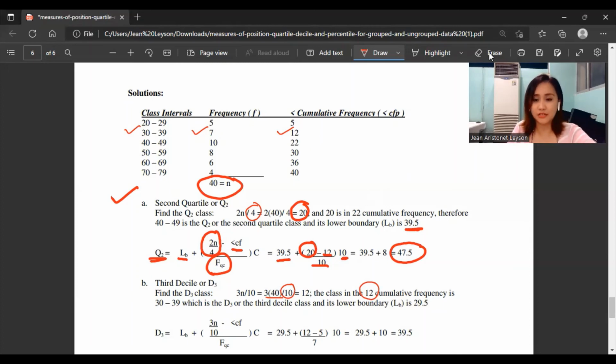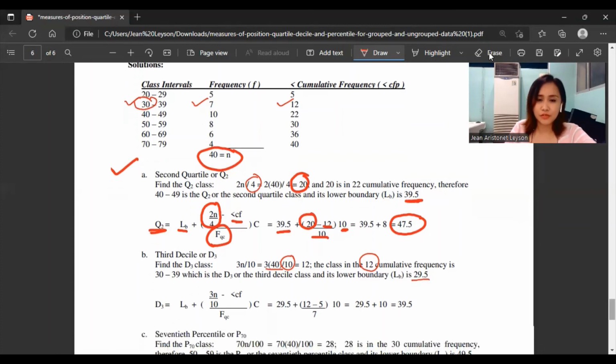Lower boundary is 29.5. So why is it 29.5? Again, for the lower boundary, get the lower limit, that's 30, then subtract 0.5. That's why we have 29.5.